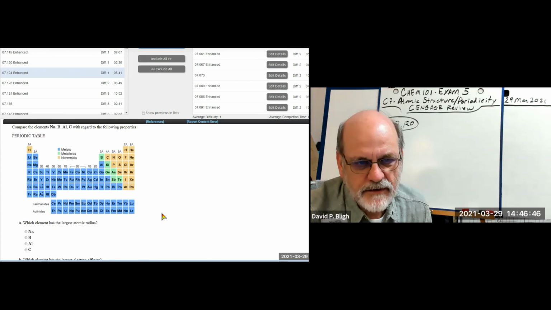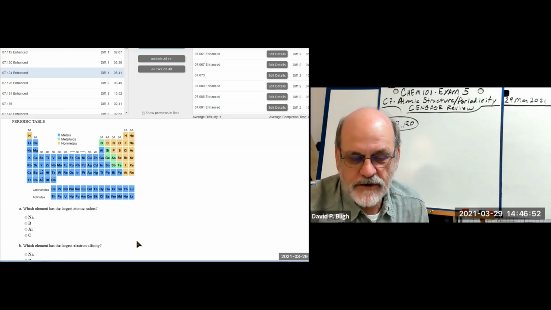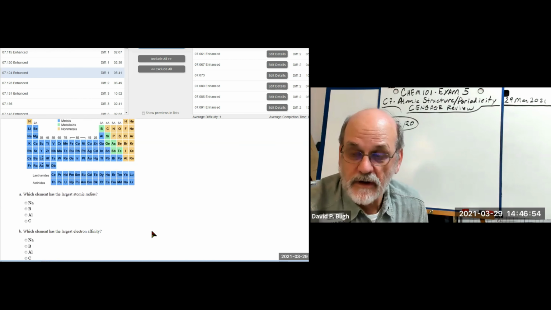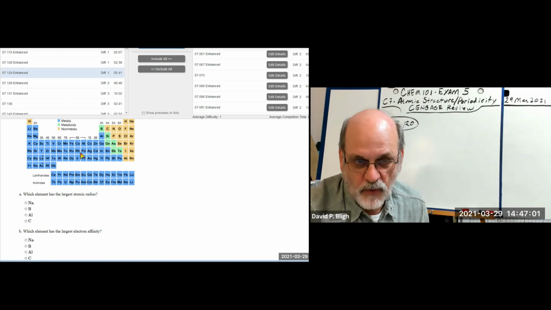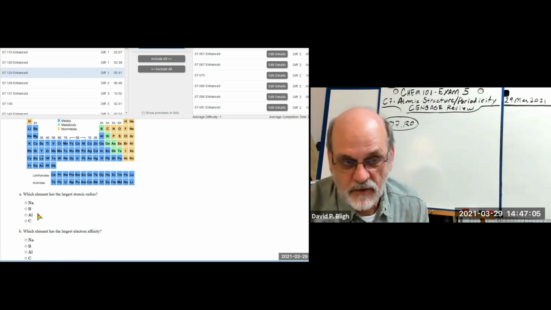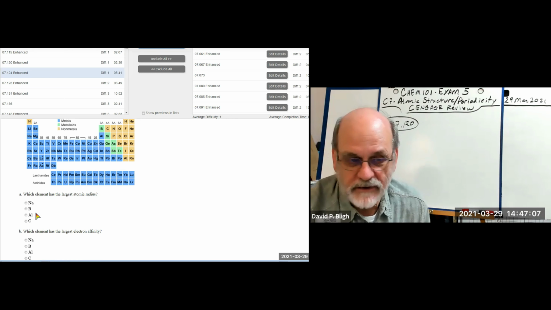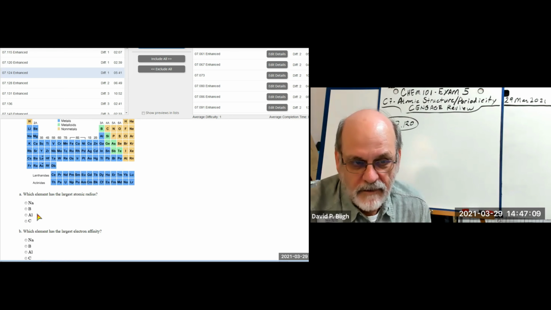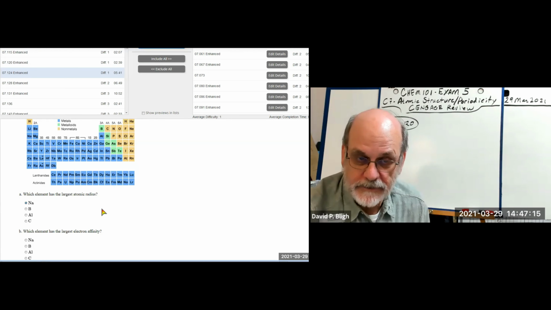Compare these elements. Which element has the largest atomic radius? The largest atomic radius would be the one below and to the left. So there's sodium, and boron's to the right of sodium and above it. Aluminum's to the right of sodium. Sodium still wins. It looks to me like sodium would have the largest atomic radius. It's far to the left of the rest of them.